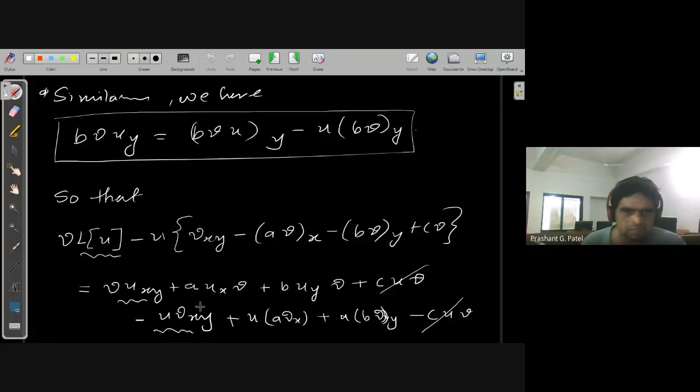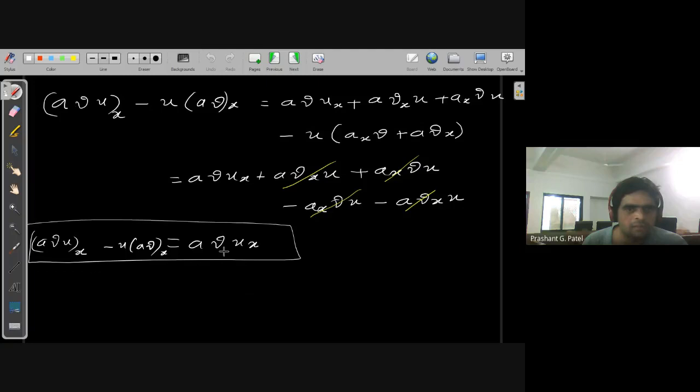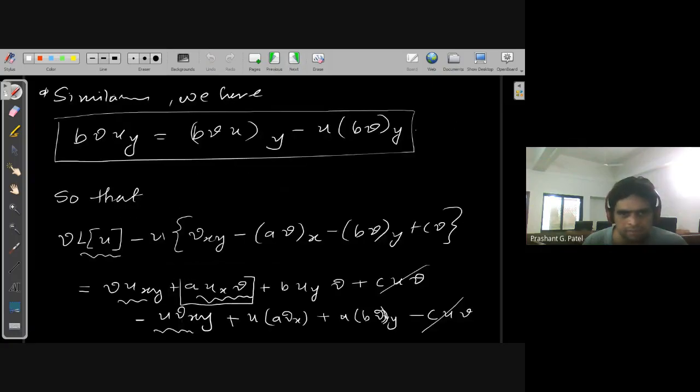Now here, that is A U_x V, so that is A V U_x, that is this quantity, which we have obtained here. So if I substitute this quantity, and the other one, we'll use this quantity from here, that is B V U_y is this.